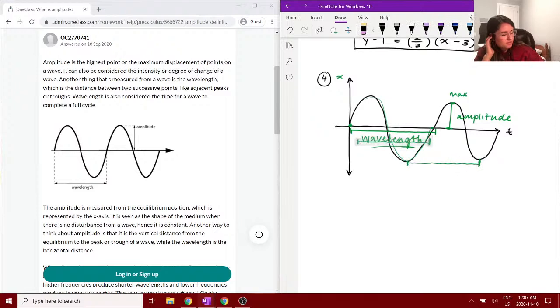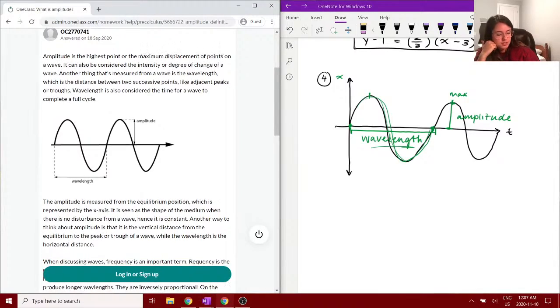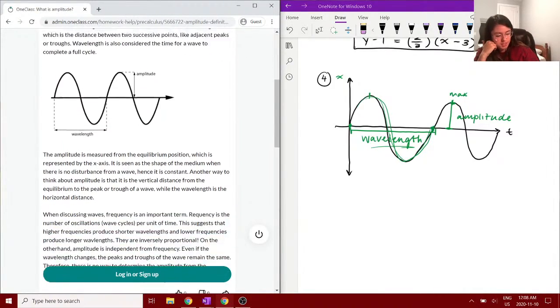My graph isn't perfect, but roughly the same distance. So the distance between two troughs, which are the minima, or the distance between two maxima, should be the same as the distance from x equal to 0 to this point after one full cycle. It says here wavelength is also considered for the time for a wavelength to complete a full cycle.